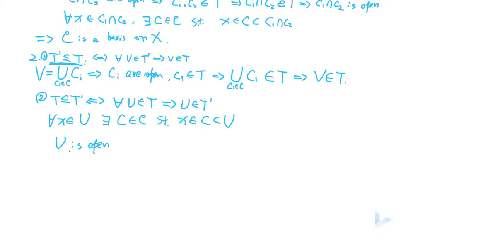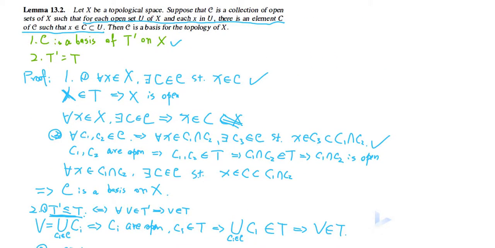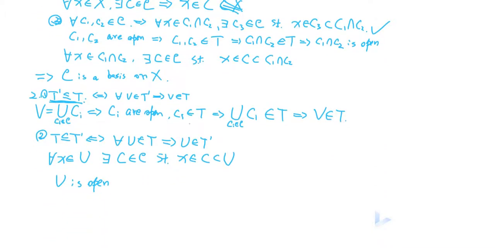And since U is open, we can use this property, which says for any x in U, we can find the element C with this relationship: C is in the collection C, and C is a subset of U, which is identical to what we want here, x is an element of C and C is a subset of U. So this is proved according to the property of the collection C, and then we prove that U is an element of T prime, and so T is a subset of T prime.